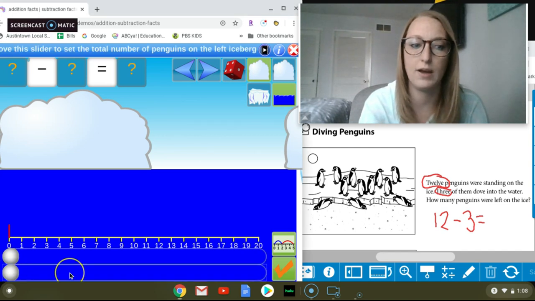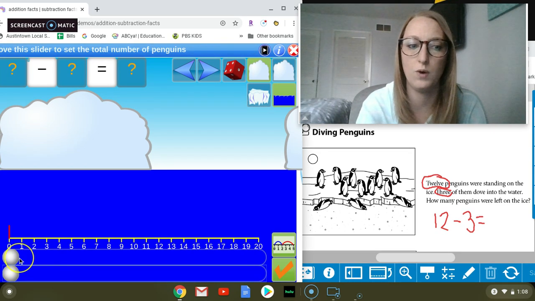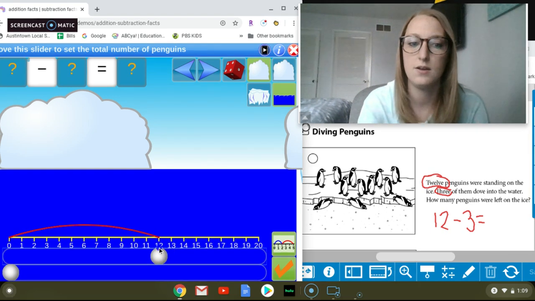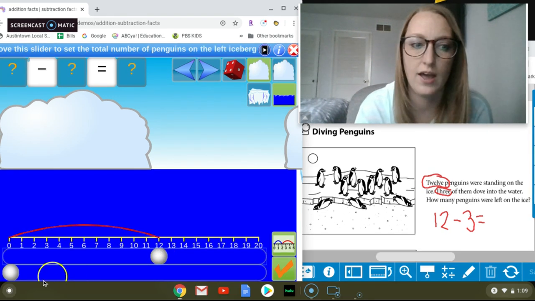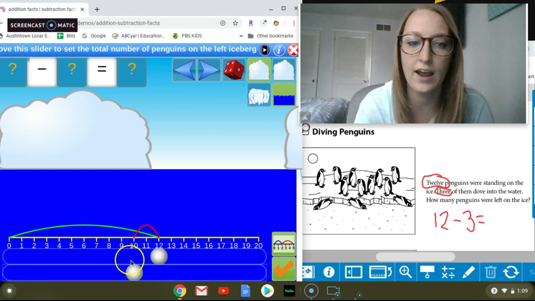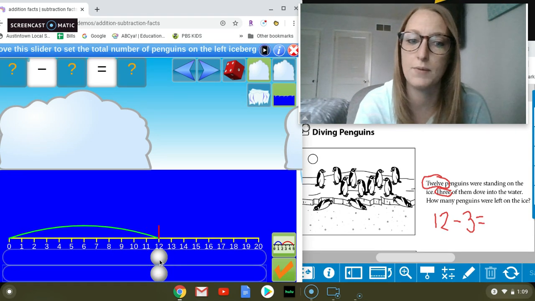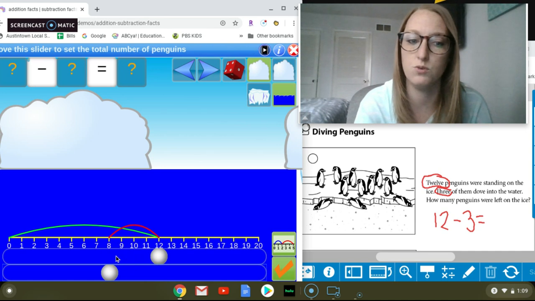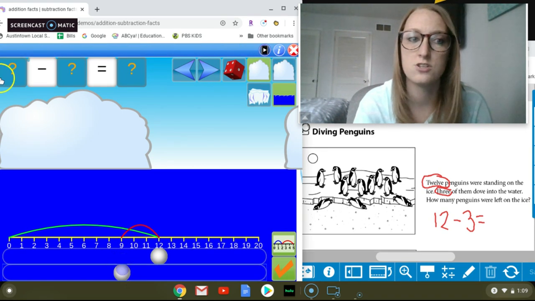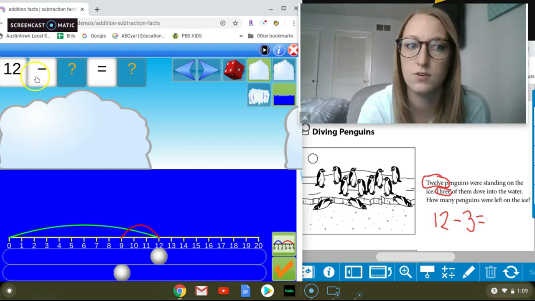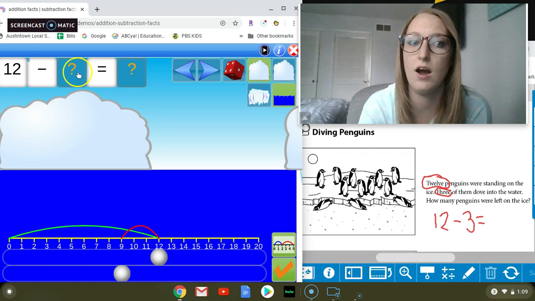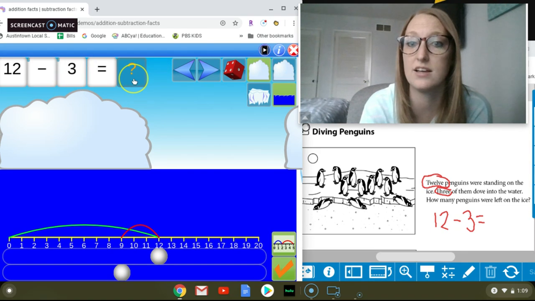Okay, if I take my total number to 12, I'm going to drag my number out, okay? And then I'm going to subtract 3 of them. So I'm at 12. I'm going to go back 1, 2, 3 hops. Okay, so my first number is 12. I'm going to take away 3, and now my answer is, let's see if you guys already know it.